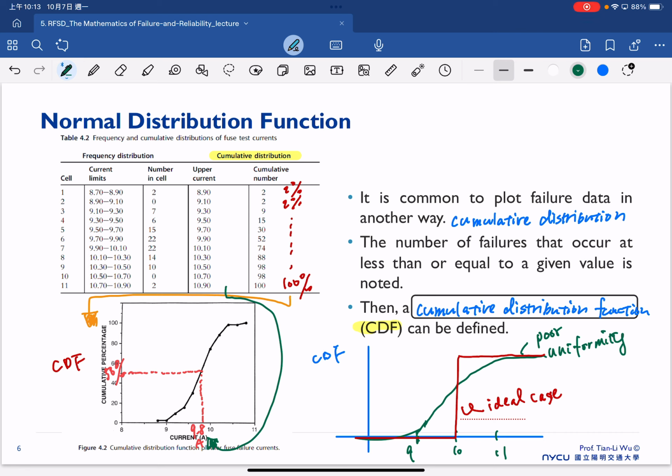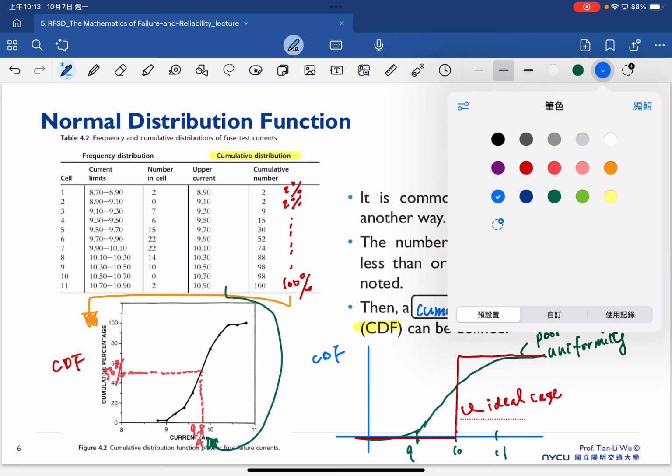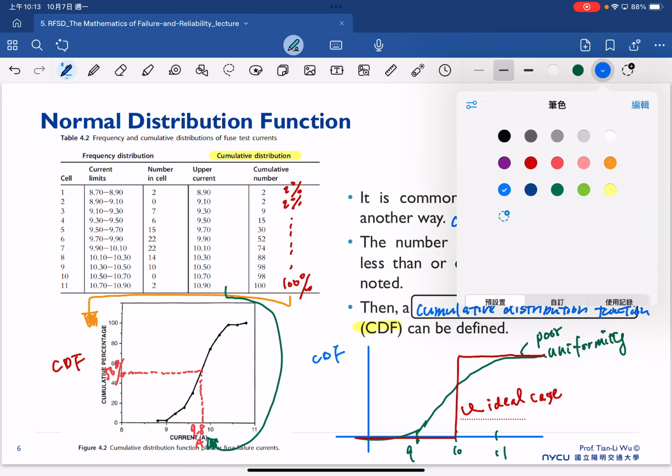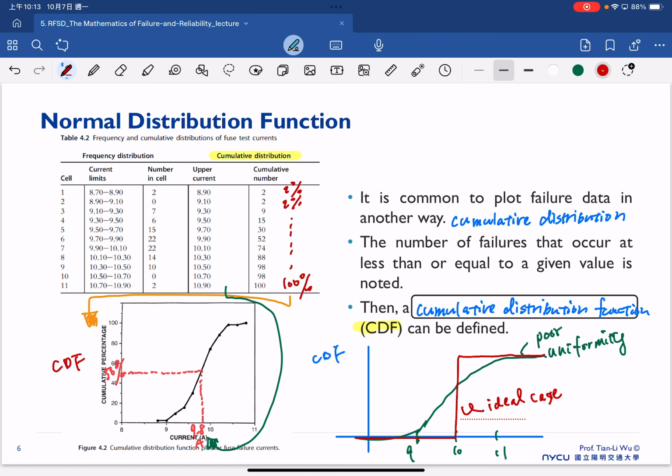So in the end, if you look at some of the industry, no matter from the literature or their product data sheet, you will very often see they always show the CDF versus a certain criteria to prove the uniformity of their product is good.